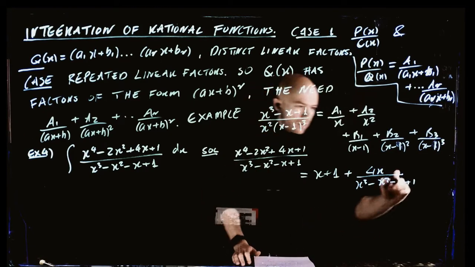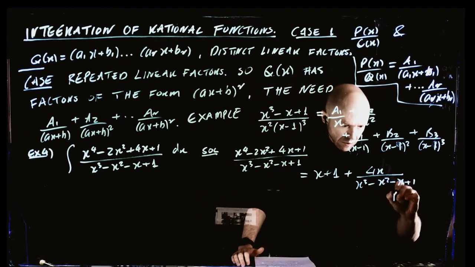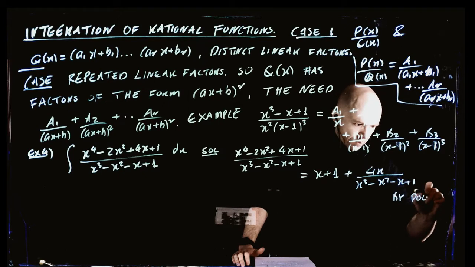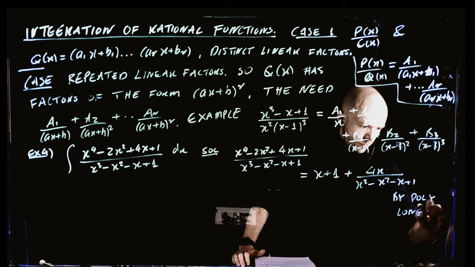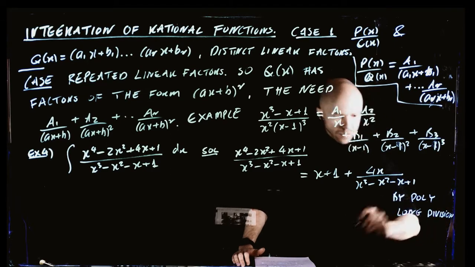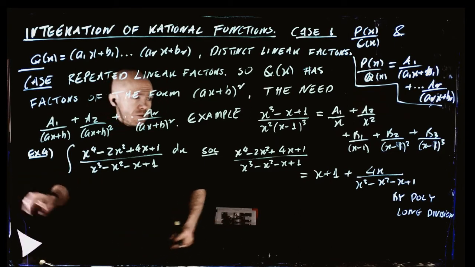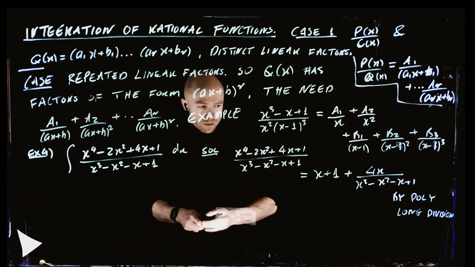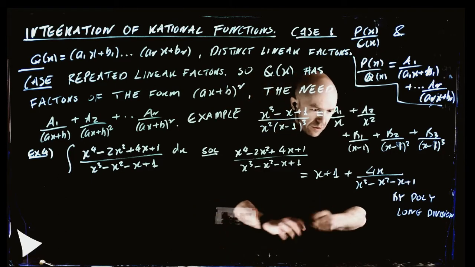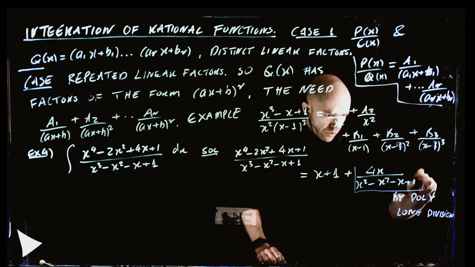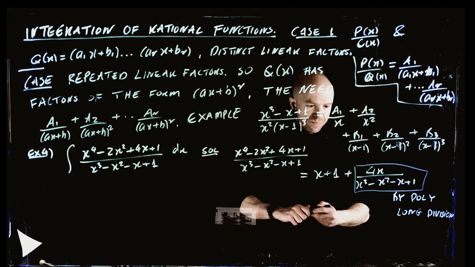Okay, so this is by polynomial long division. So we can just deal with this thing because integrating this polynomial here is just a triviality, right? So now our problem reduces down to this, okay?